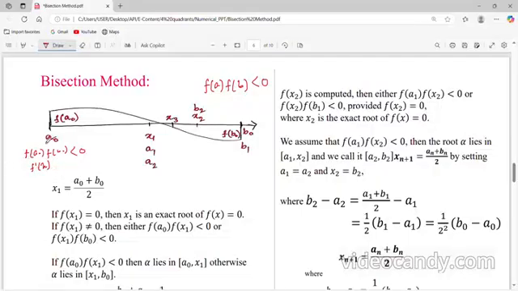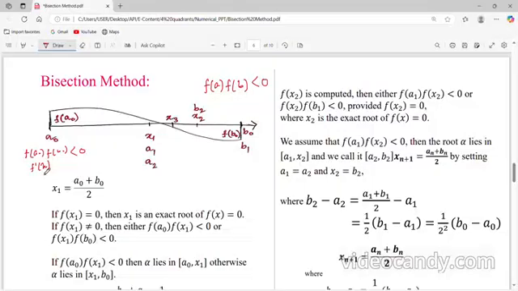Just see here the interval a to b. For the point a, here we have a positive value and here we have a negative value. So f(a0) times f(b0) is less than 0, and f'(x) maintains the same sign in [a0, b0], so that we can say there is only one root of f(x) = 0.